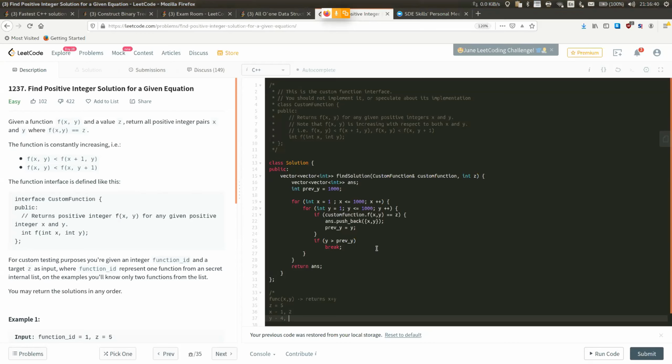So I try from 1, then 3. I found the answer. Then I try 4, but at 4 my value matches my previous value of y, so I just break there. I do not go ahead. Then I push back these values, start with 3, and so on.